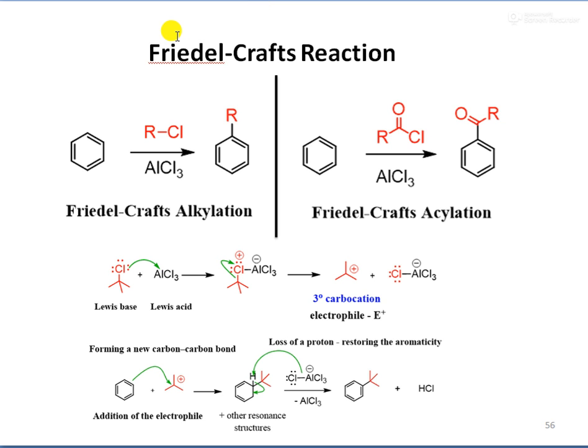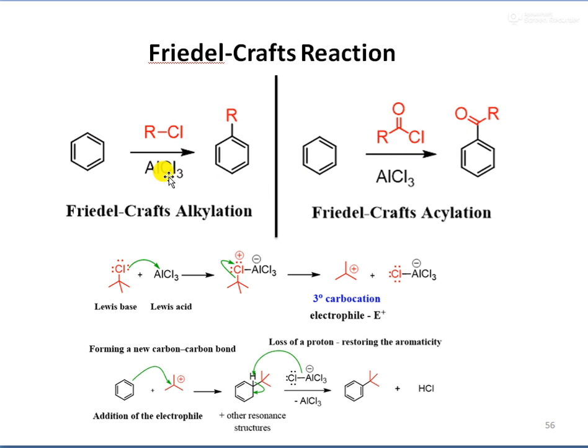Then you have another important reaction, that is the Friedel-Crafts reaction. Generally, Friedel-Crafts reactions are of two types: alkylation reaction and acylation reaction. In alkylation, you can see this is a benzene ring only, this is not phenol. In alkylation, an alkyl group is substituted at the benzene ring, and in acylation an acyl group is substituted at the benzene ring.